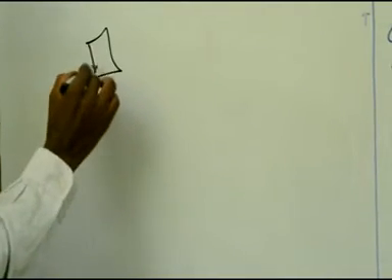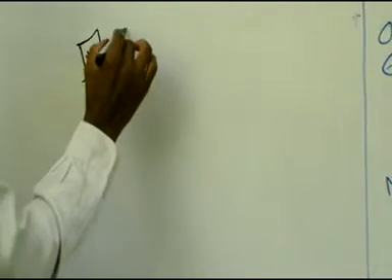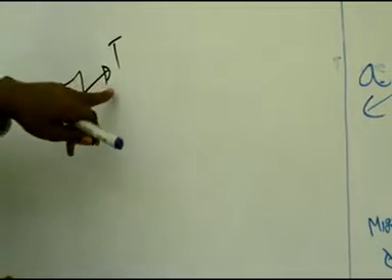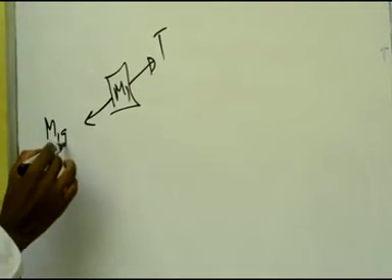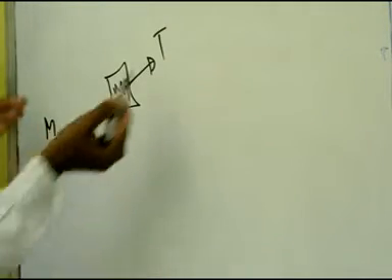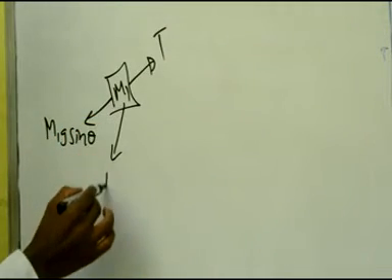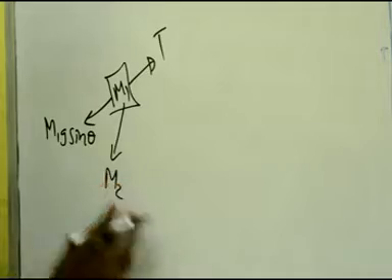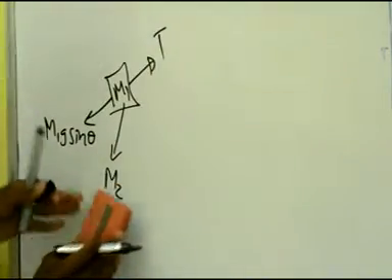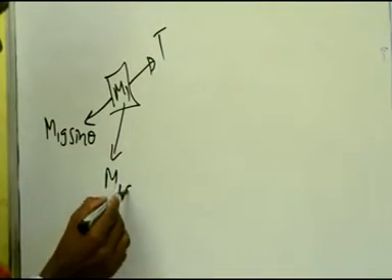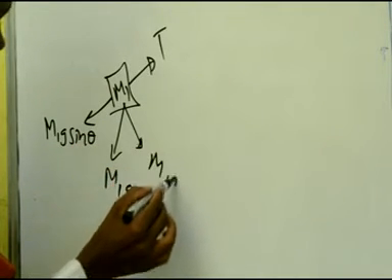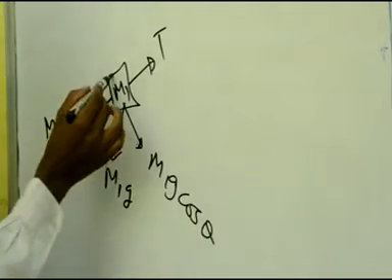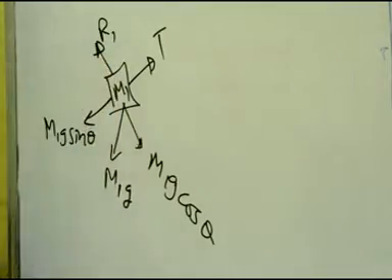So the free body diagram for mass 1: there is the tension force T, the component of weight m1g sine of theta acting down the plane, its weight m1g, the component m1g cos of theta, and the reaction R1.